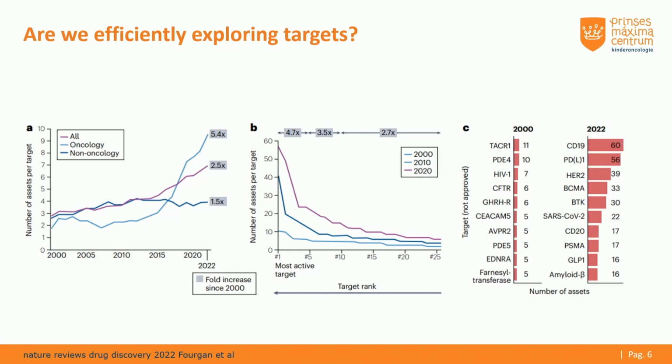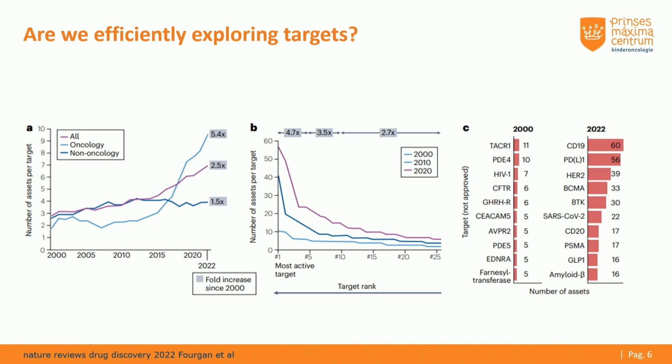I always like to show this graph. On one side you have a target, and there you see the number of companies aiming for this target. The light blue one is oncology. So in 2000, on average, for say EGFR, I just call it a target, 2 companies were aiming for this particular target. But along the way, more and more people are aiming for the same target. So now it's almost 10 per individual target.